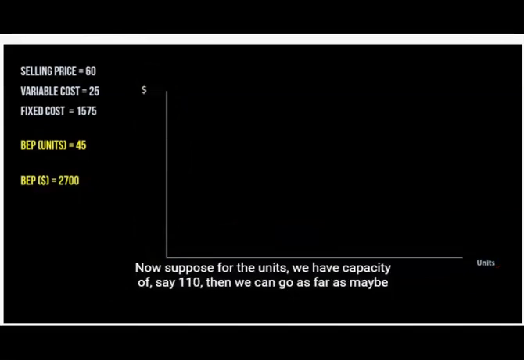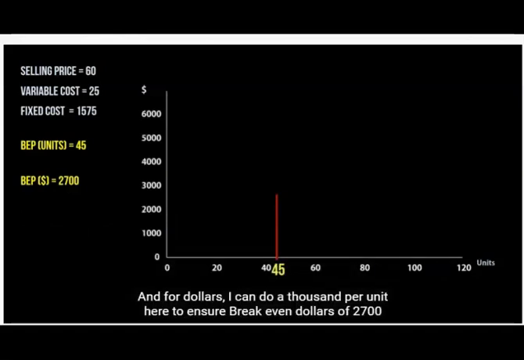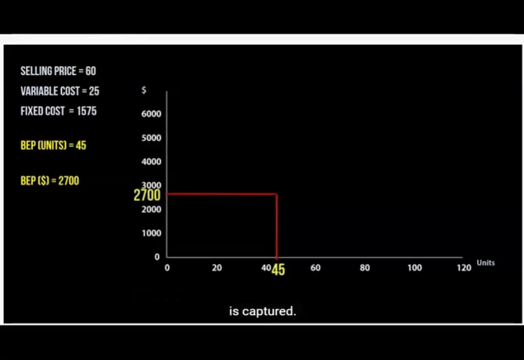Now suppose for units we have a capacity of say 110, then we can go as far as maybe 120. As far as we capture the break-even unit of 45 centrally. And for dollars, I can do 1,000 per unit here to ensure the break-even dollars of 2,700 is captured. So the break-even point here is 45 and 2,700.